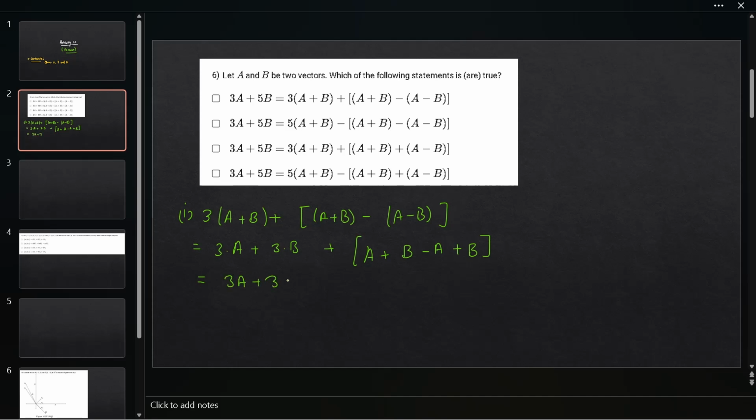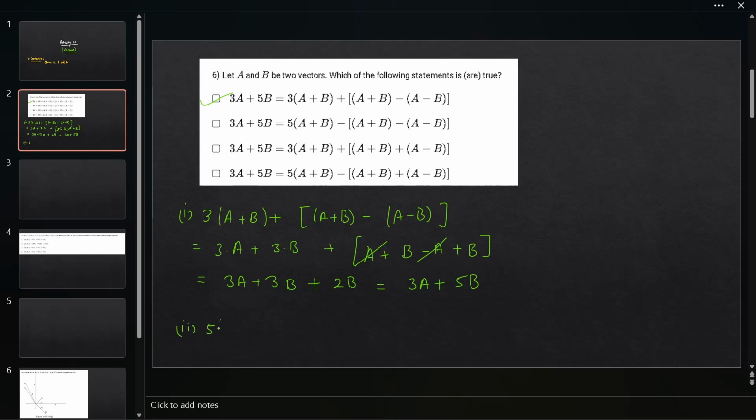Here we have plus A minus A, so they will cancel out each other, and we have B plus B, that would become 2B. So this expression would become 3A plus 5B. So let's check whether the first option is correct or not. Yes, it is correct.